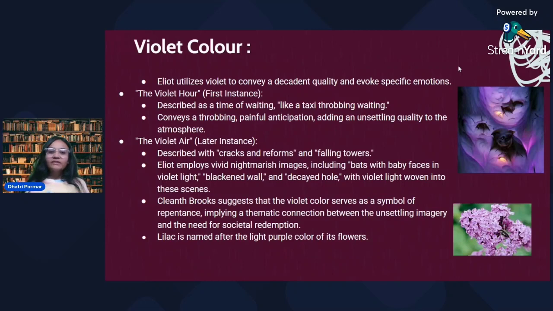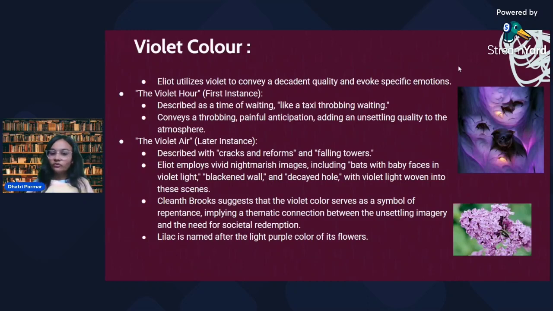So basically, with these words, taxi throbbing waiting, we find that he used the present scenario to talk about spiritual degradation, conveying a throbbing, painful anticipation, adding an unsettling quality to the atmosphere. Modernism brought industrialization and automobiles and all, and all that is related to the idea of the Waste Land. Another is violet air.